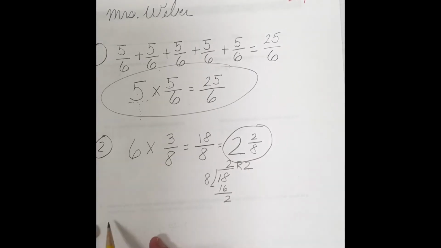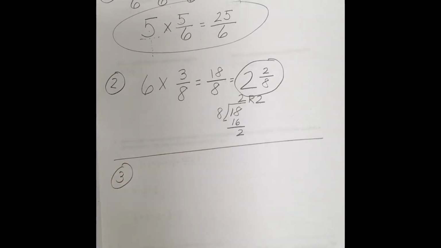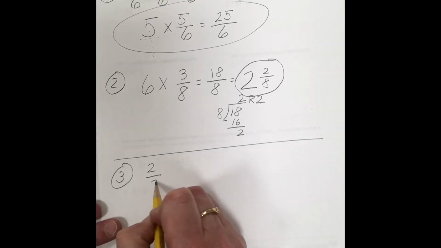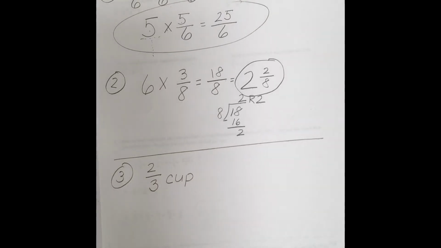All right, now, word problem. The serving size for cereal is 2/3 of a cup. And each of 27 students in class measured out 1 serving to eat for breakfast.